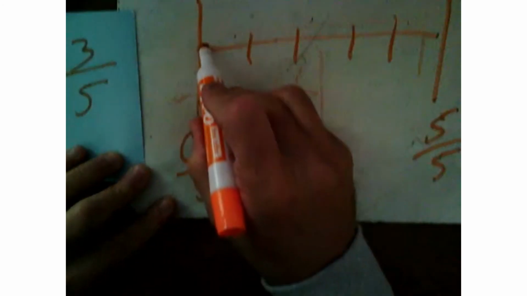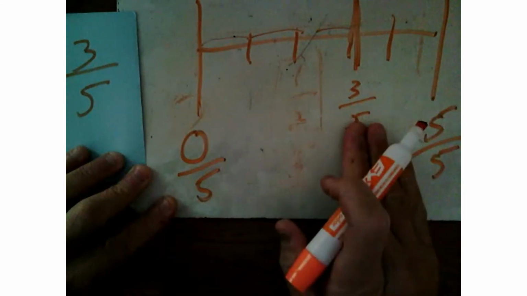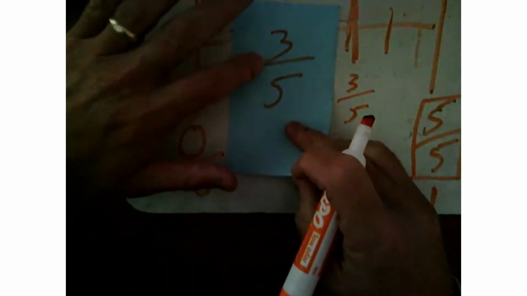He walked 3/5, so 1, 2, 3. Is 3/5 closer to 5/5 or closer to 0/5? It's obviously closer to 5/5, so it's closer to the number 1. So I would use rounding for 3/5 and turn it into a 1. However, I would just use estimating and keep my 1/2 here.